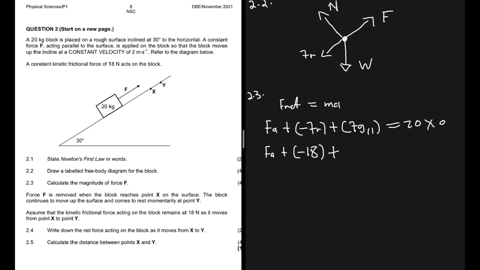And then FG parallel, that will be the mass multiplied by gravity, so that will be 20 multiplied by minus 9.8, and then sine of the angle, because parallel on an inclined surface it is sine, and then perpendicular will be cos, and then on a flat surface it is vice versa.